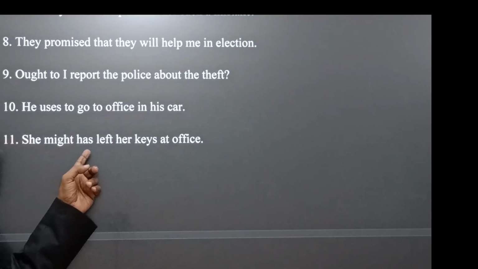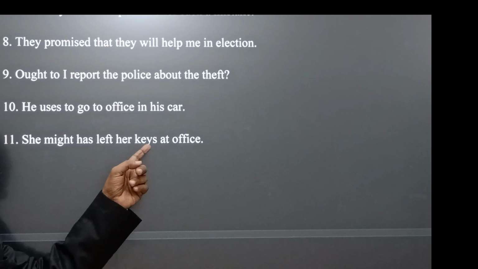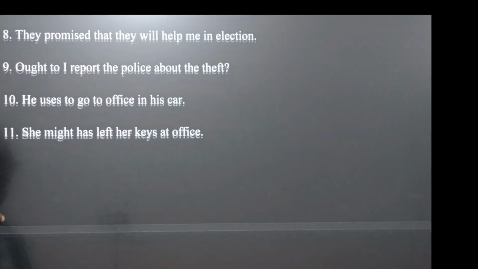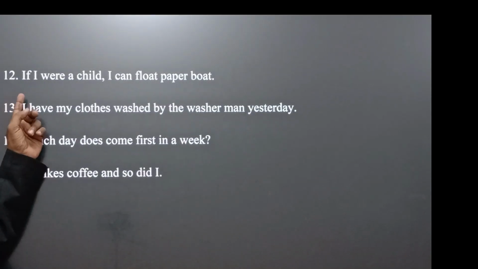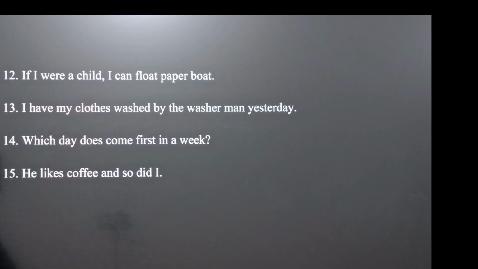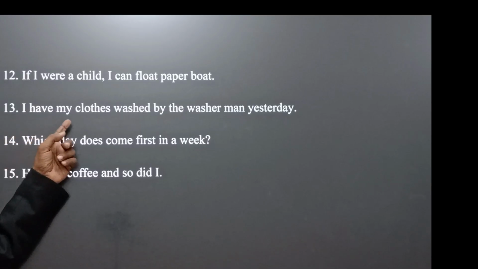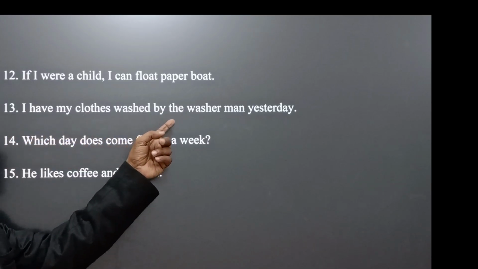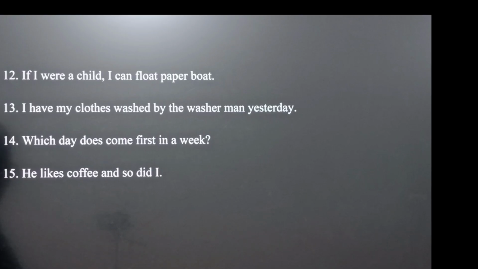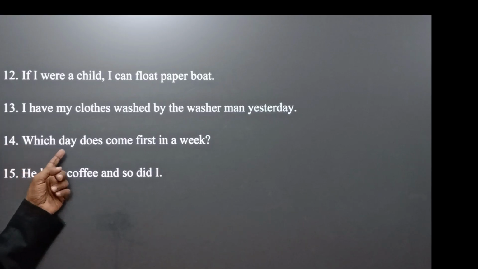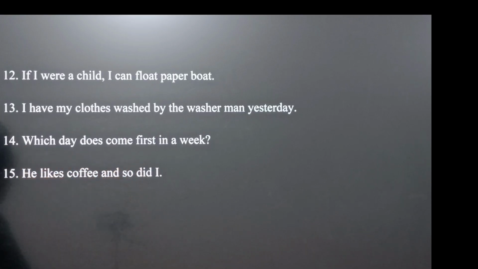She might has left her keys at office. Question number 12. If I were a child, I can float paper boat. Now come to question number 13. I have my clothes washed by the washerman yesterday. Number 14. Which day does come first in a week? The last question, question number 15. He likes coffee and so did I.